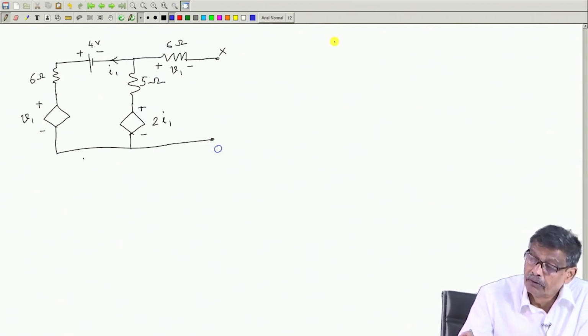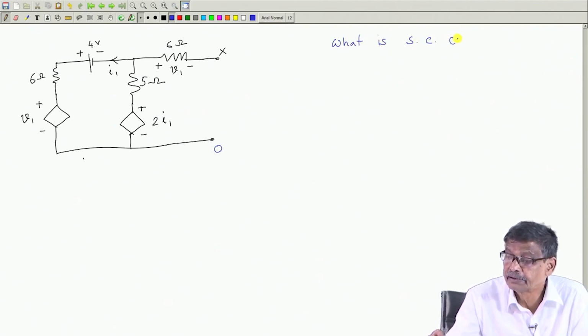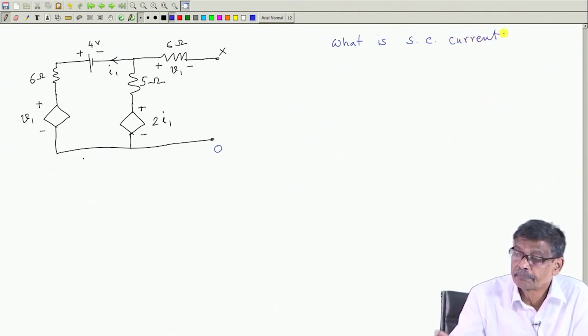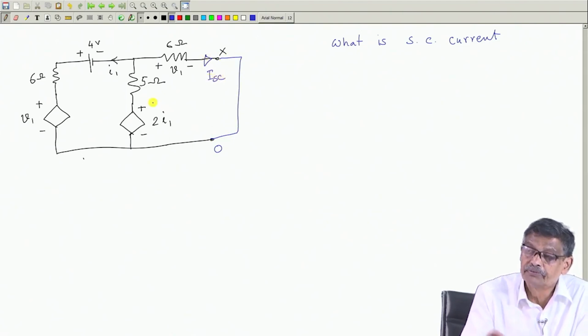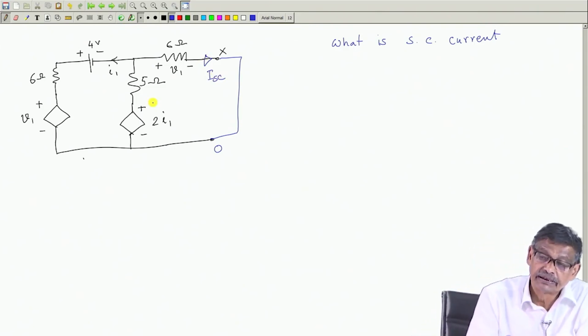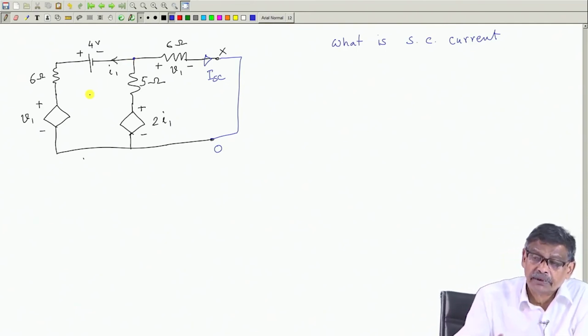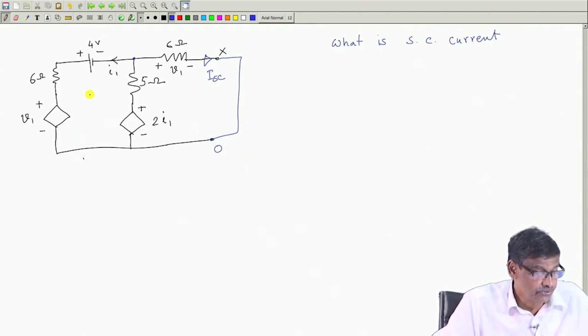I ask you, what is the short circuit current? Short circuit current when X and O are short circuited, this current is how much? I want to find out. Got the point? This is the short circuit current I want to find out for the same network, and this is the complete network. So, I have to solve this network and get the value of the short circuit current.